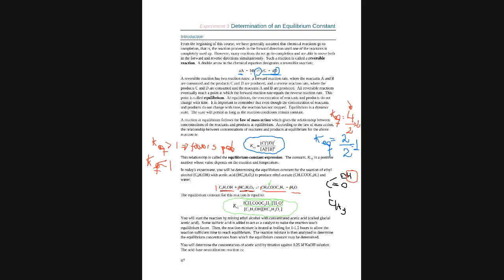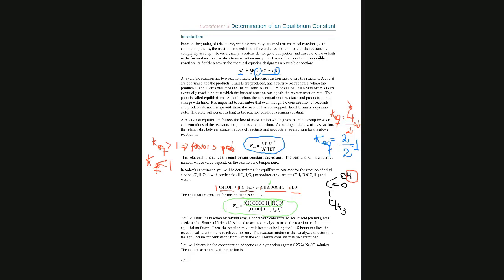It is not included in the reaction because it's a catalyst. A catalyst only helps the reaction to be faster. It will reach equilibrium faster, but it's not consumed in the reaction. If we put 20 drops at the beginning, we are going to have the 20 drops at the end. It participates in the reaction, but is not consumed.